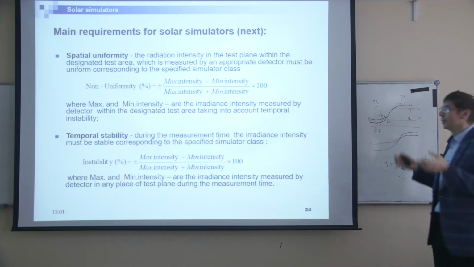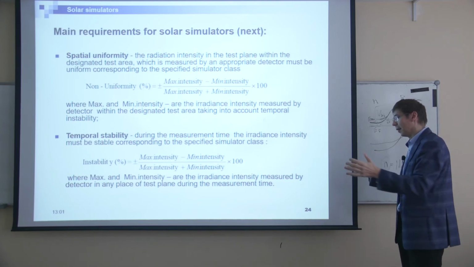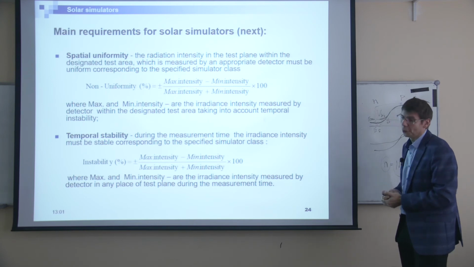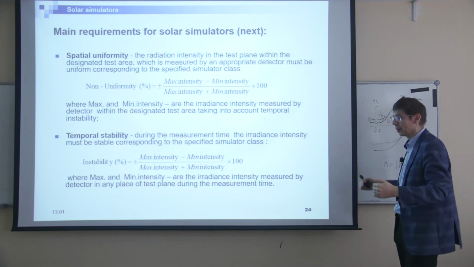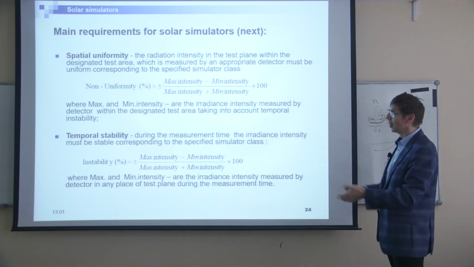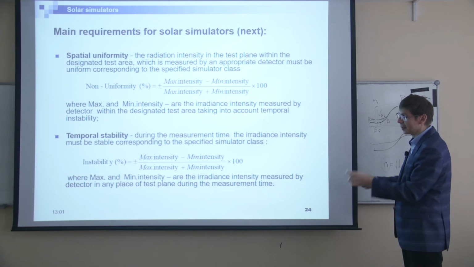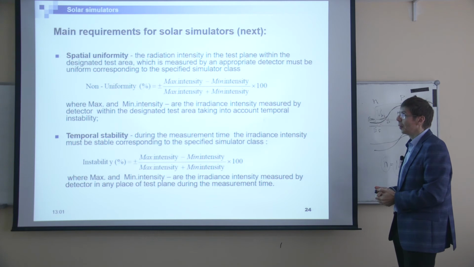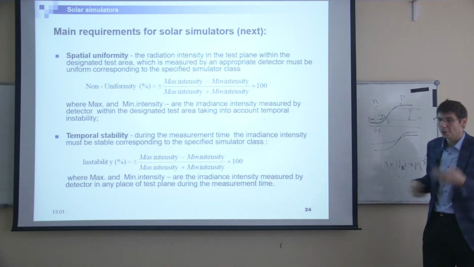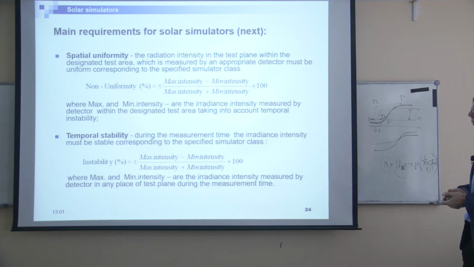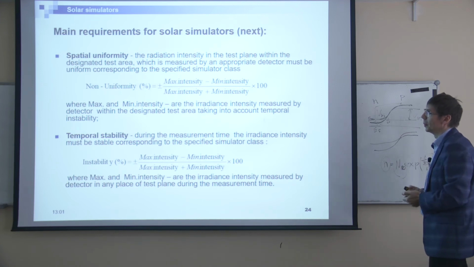But I think it's clear that if you want to perform some optical measurement, the radiation should be uniform, because if you use some reference cell, for example a small reference cell to calibrate the intensity, and then you use a large test cell to be measured, and you have some non-uniform distribution, for example a spot of high intensity where you have calibrated your solar simulator, and then outside the spot intensity is lower, you would underestimate the efficiency, the power and other parameters.